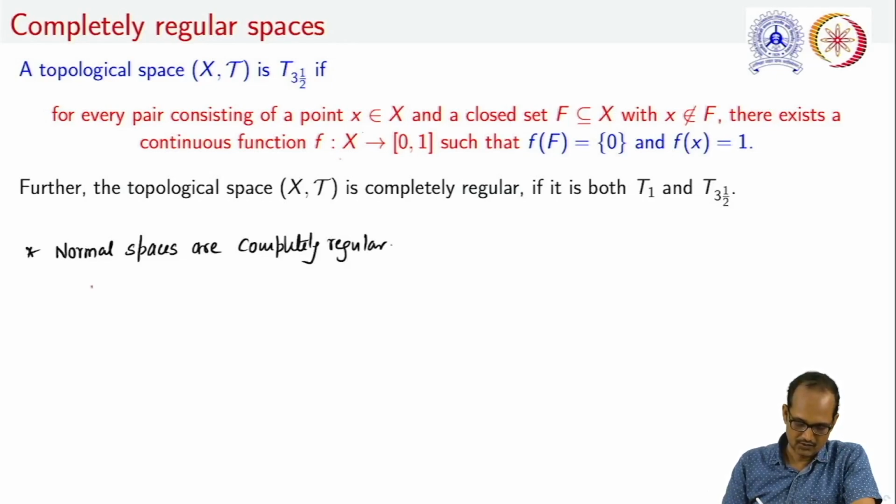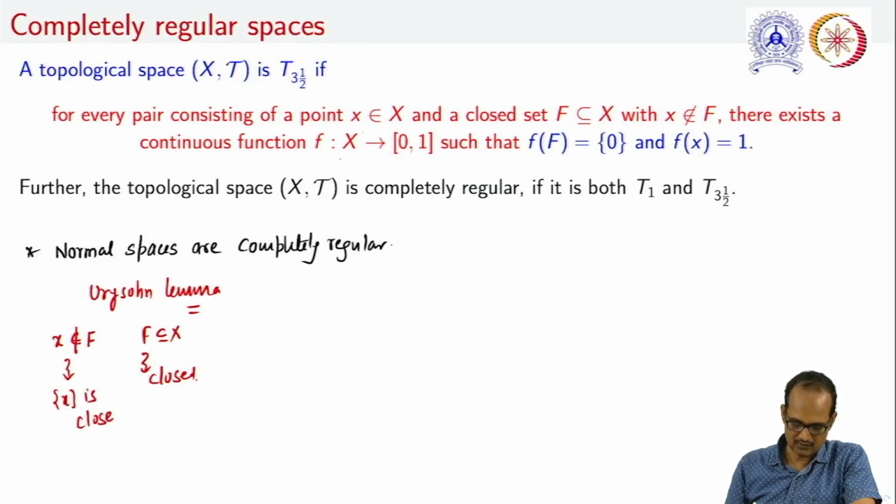The answer is, use Urysohn's lemma, and the fact that if we are taking F a subset of X which is closed, and also let us take x which is not in F. Note that this singleton set {x} is closed. Why? Because this space is a T1 space.